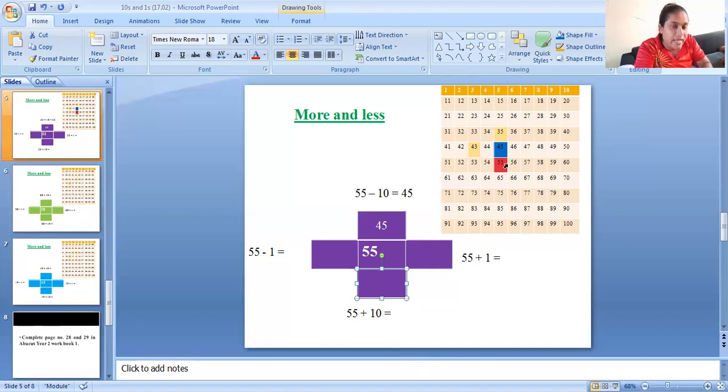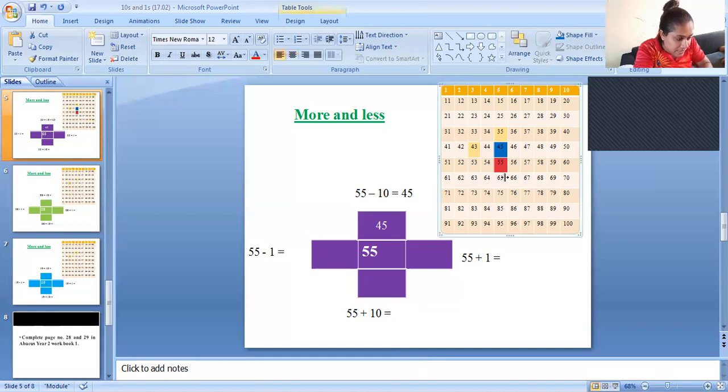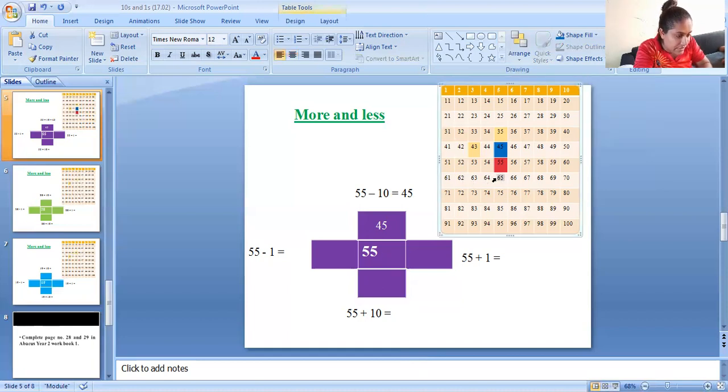Here 55 I have already marked on my 100 square. So I am going to count forward to find the number that is 10 more than 55. 1, 2, 3, 4, 5, 6, 7, 8, 9, 10. This is the number that is 10 more than 55.